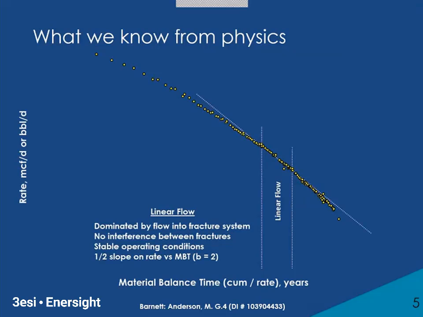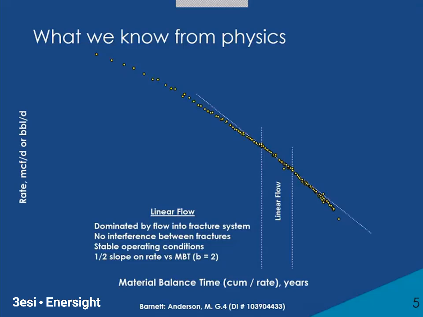And what we are doing is converting an equation that requires constant pressure into an equation that has variable rate and variable pressure. And so if you think about what material balance time is, it's the time it would take to produce that volume at a constant rate. So that's the transformation that we undergo when we use material balance time.